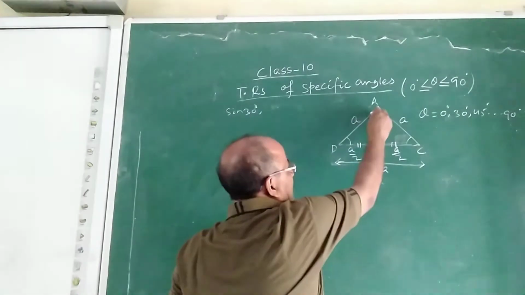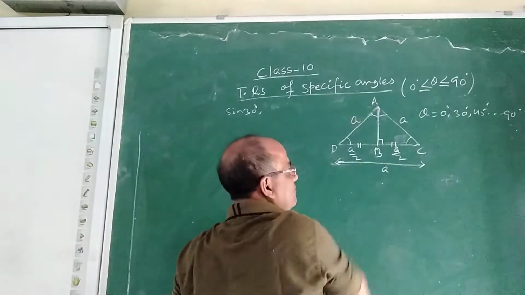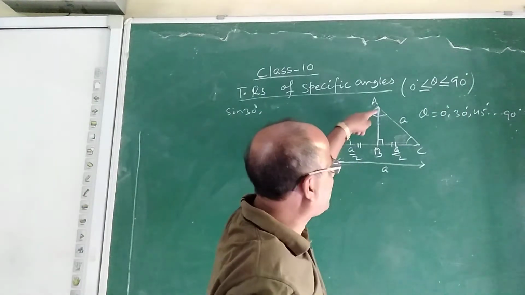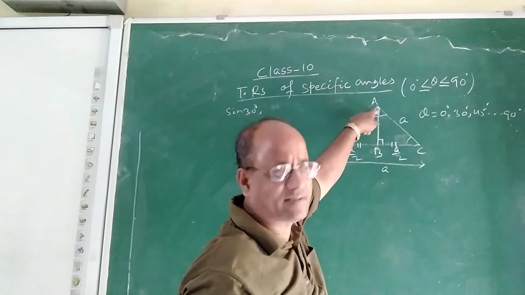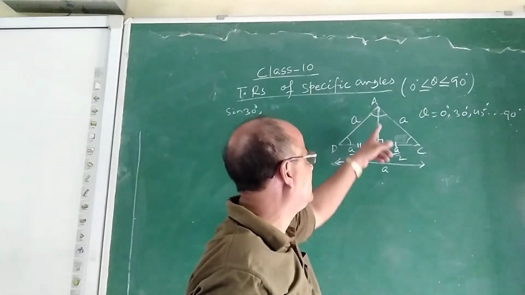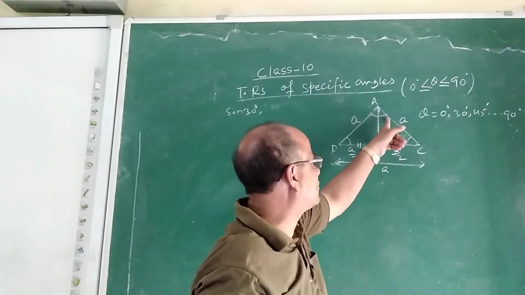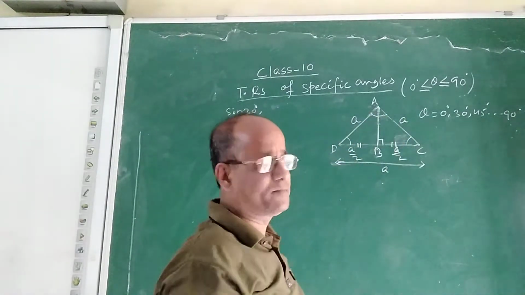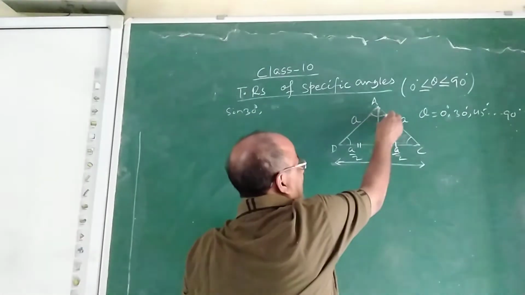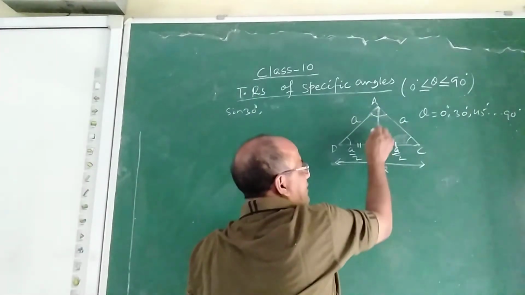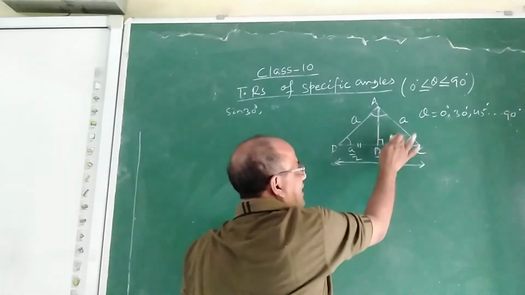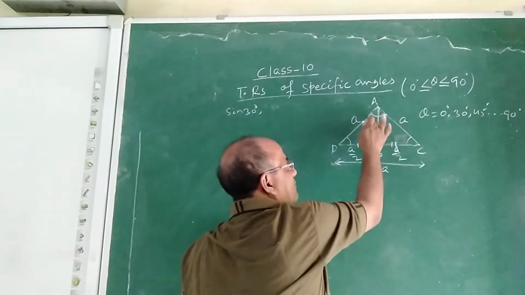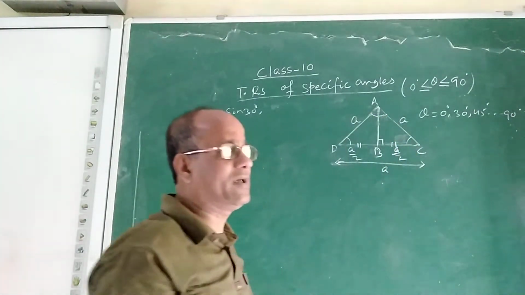Similarly, these two angles will also be equal. That means the altitude bisects the vertex angle. The vertex angle is A here, so AD will bisect angle A. By congruency, these angles are equal.